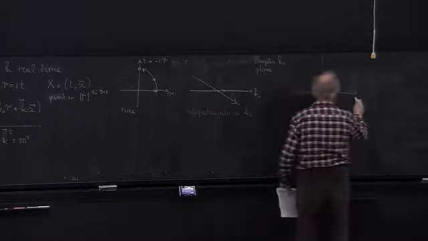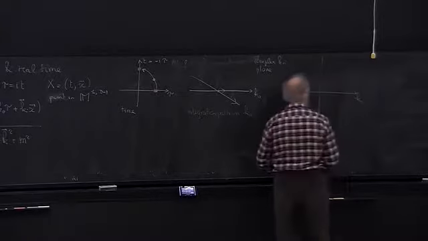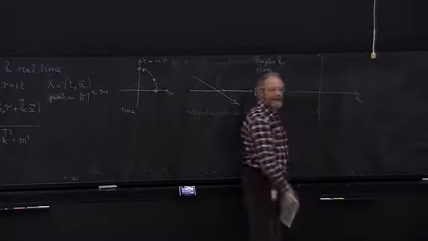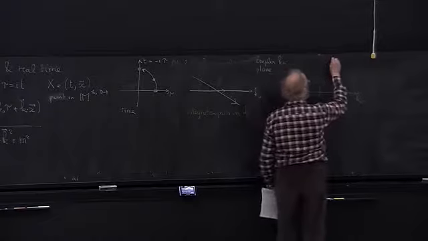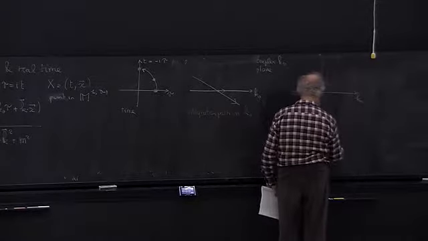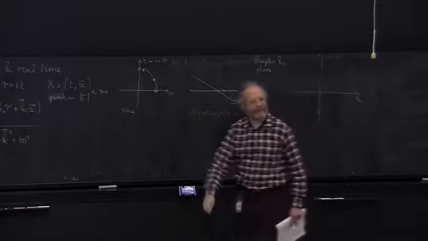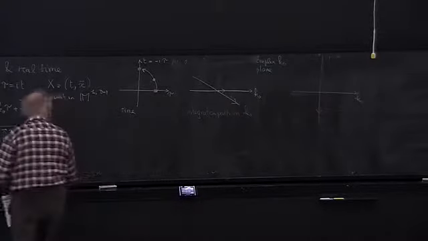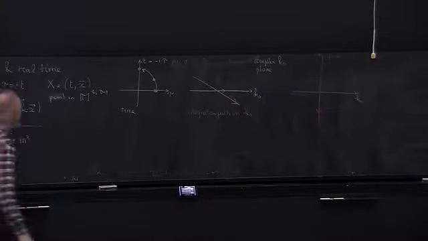In k naught variable, we go from plus I infinity to minus I infinity.